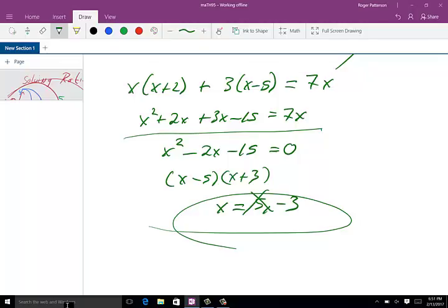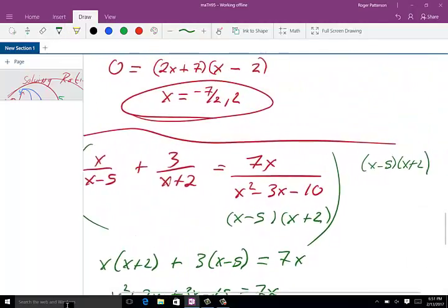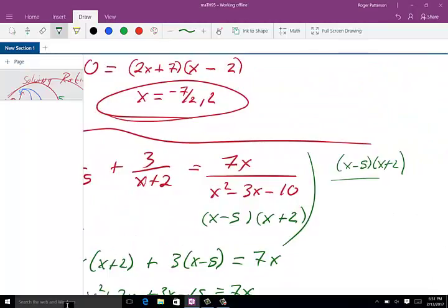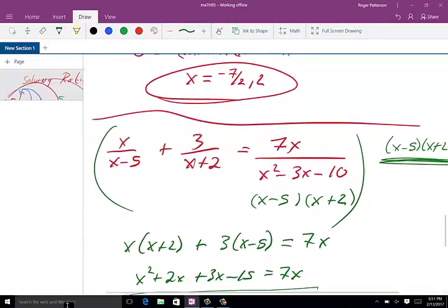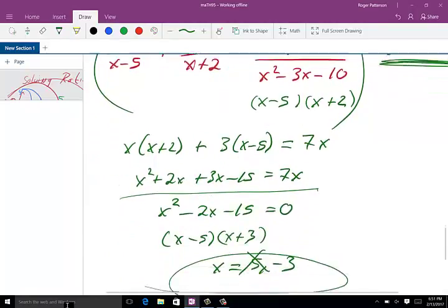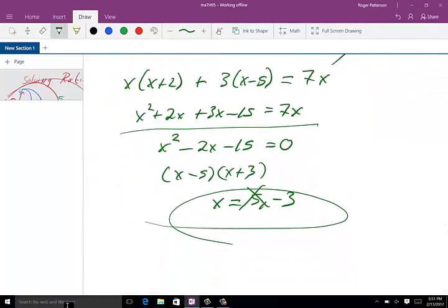The reason is, when we start to multiply by a quadratic, sometimes you pick up what is called an extraneous solution. Let me spell it out for you. I'm just going to start over.